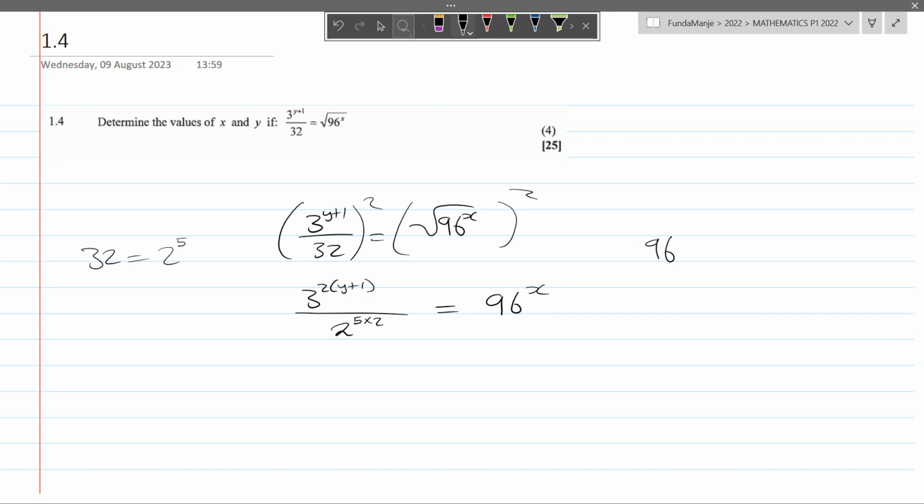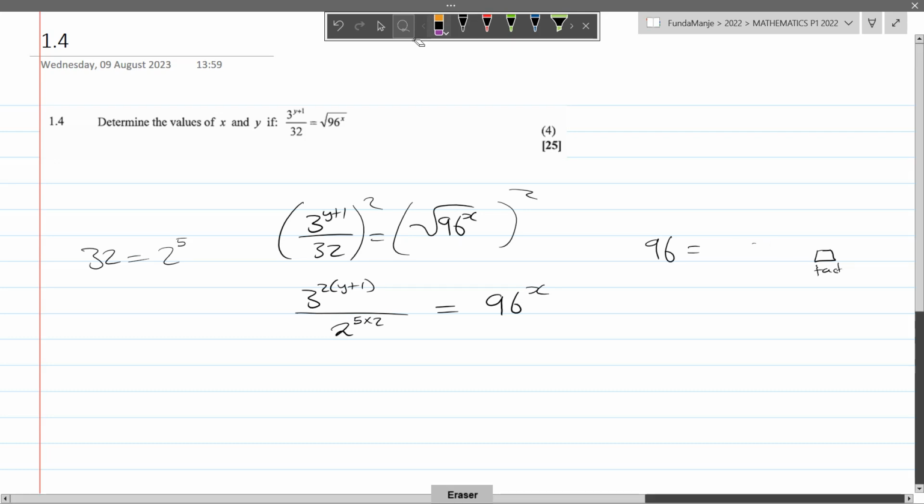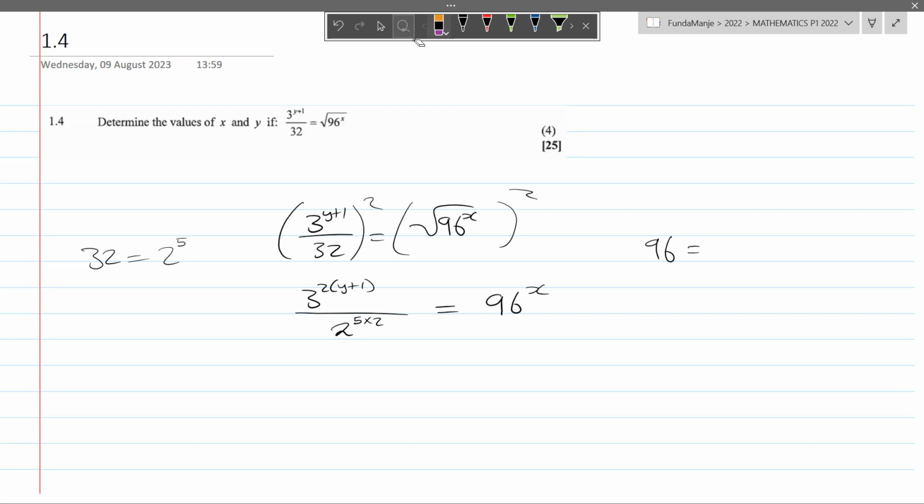But again, 96, if you use your calculator and say equals and then press shift and then a button that has fact either underneath it or on top of it, it should be able to return the factorized form of 96, which is 32 times 3, but it will give it to you as 2 to the power of 5 times 3.